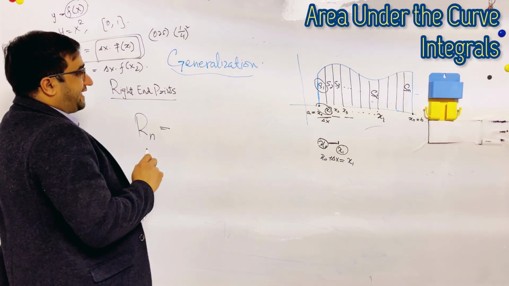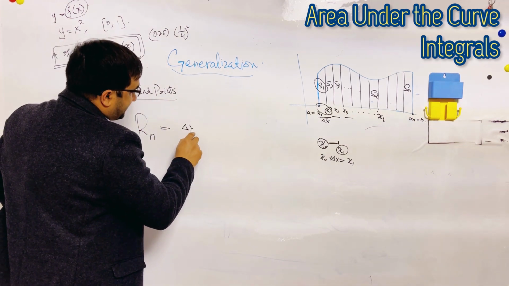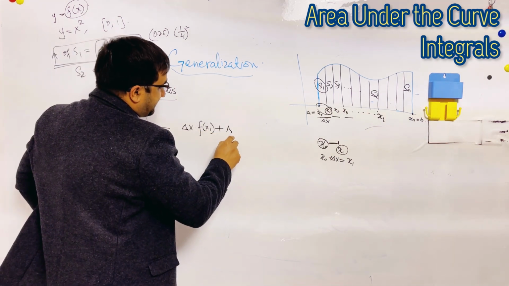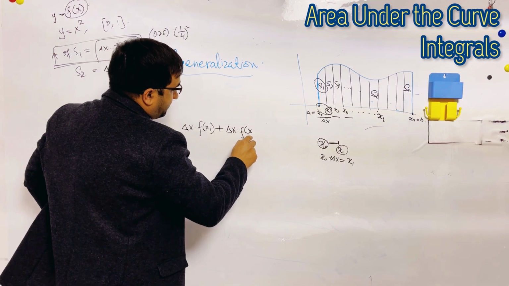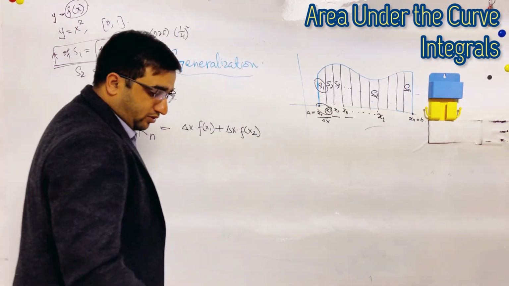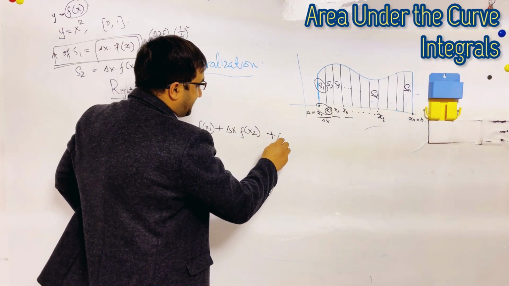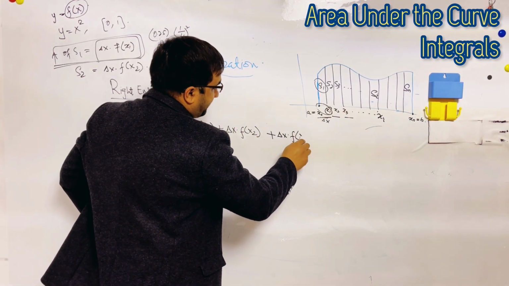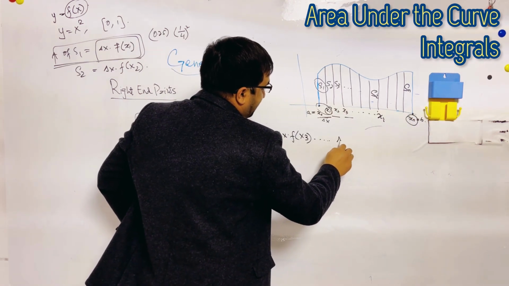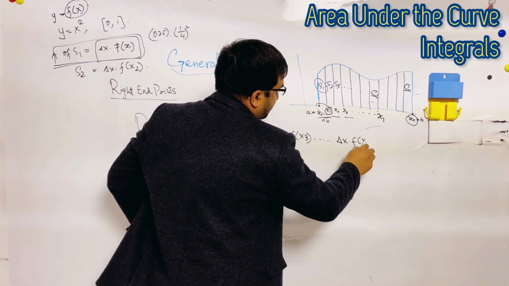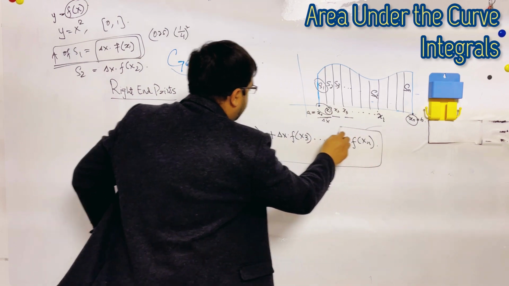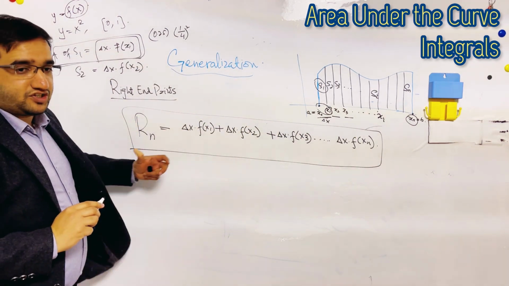So the total Rn is delta x into f of x1 plus delta x into f of x2 plus delta x into f of x3, and so on up to the final point, delta x into f of xn. This whole thing is written on the pages, you can read. This is okay? This is the general rule.